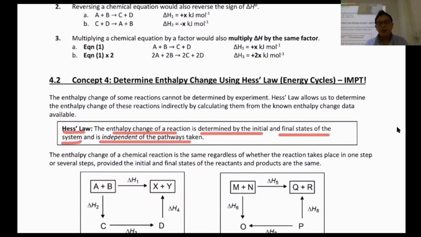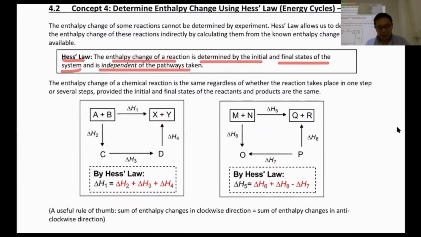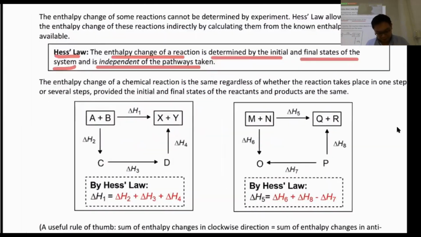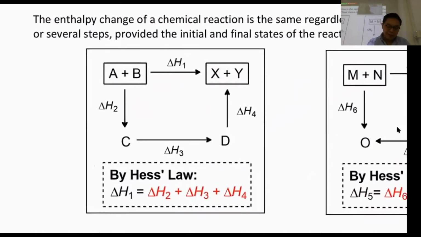What does it mean? I'll give you an example. Take a look at this equation here. Take, for example, if you want to convert A plus B to give you XY. This is one enthalpy change of reaction, which means this is one way I can convert to X plus Y. But this is not the only way.